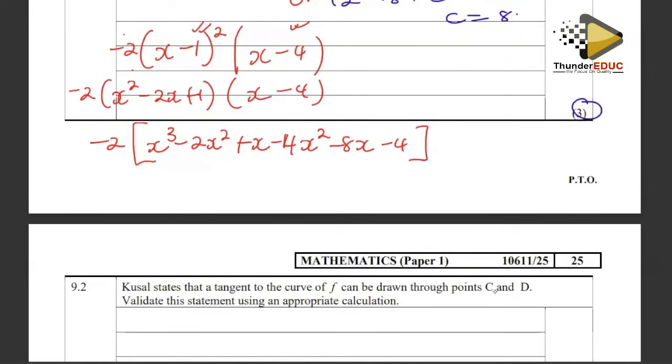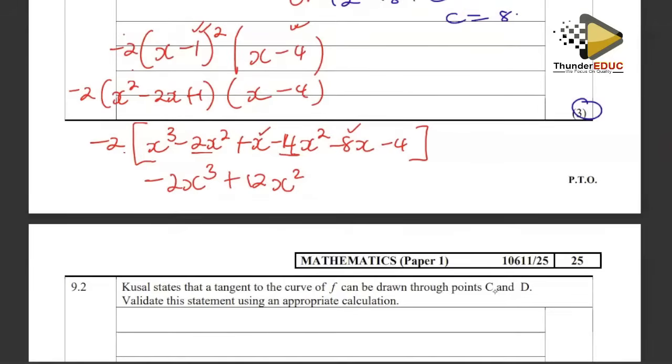When I open up this, it is going to be a negative 2x cubed. This and this is going to be negative 6. Negative 6 times negative 2, I get a positive 12x squared. And then this and this gives me, did I do something wrong?